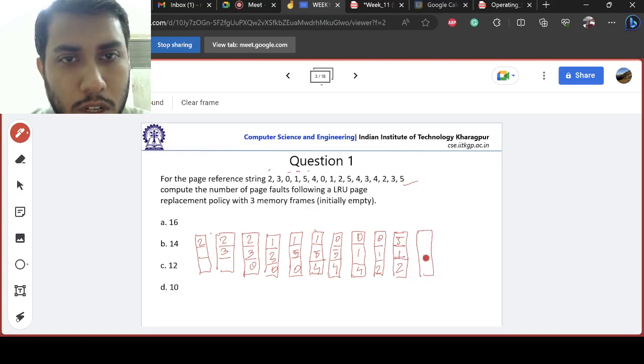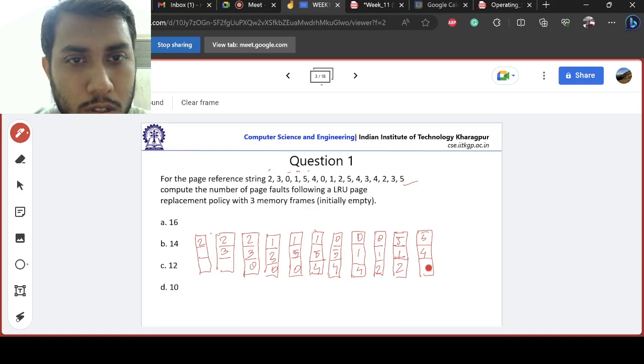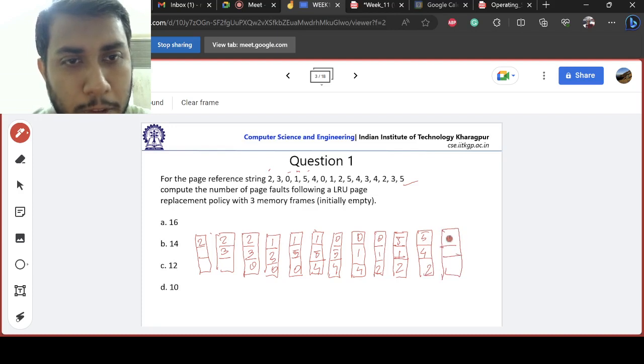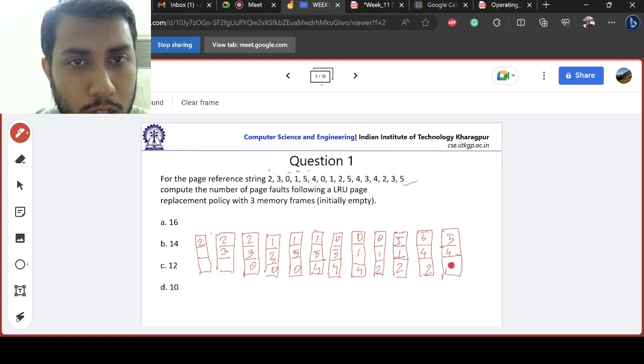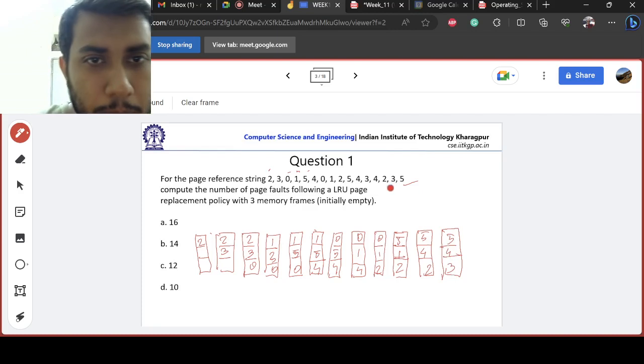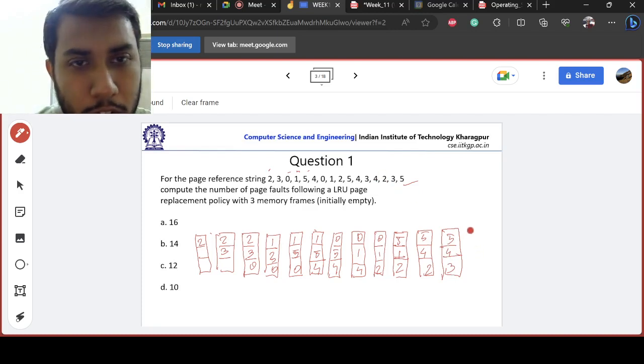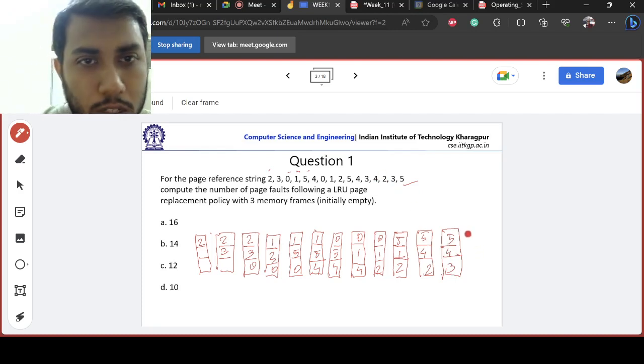Then there is 4, 1 is the least recently used, so 5, 4, 2. Then 3 comes, which one is the least recently used? 2. 5, 4, 3. Then 4 comes, 4 is already present, no page fault.